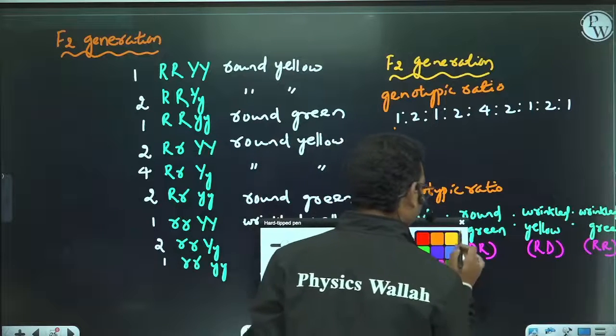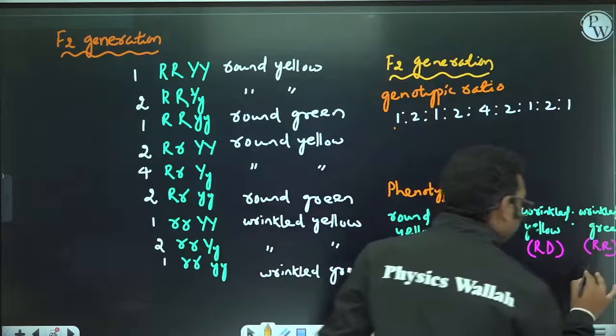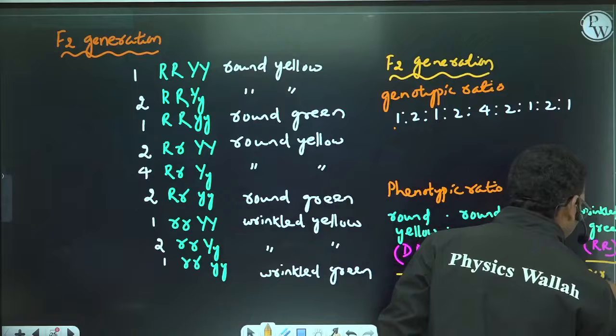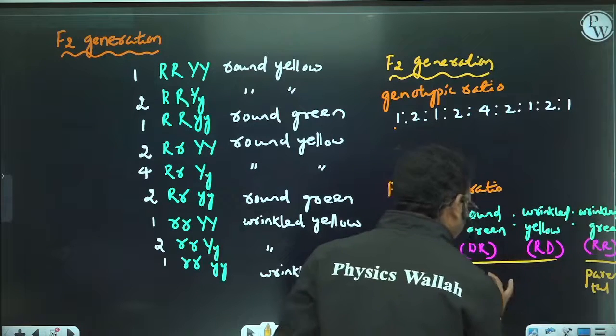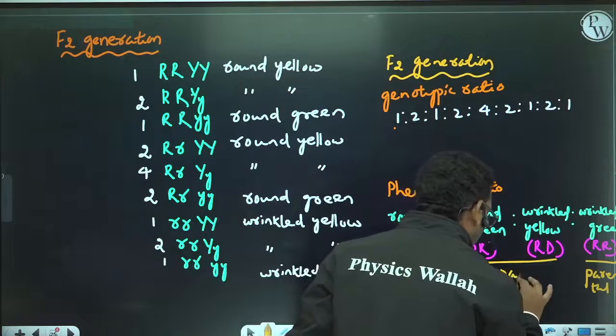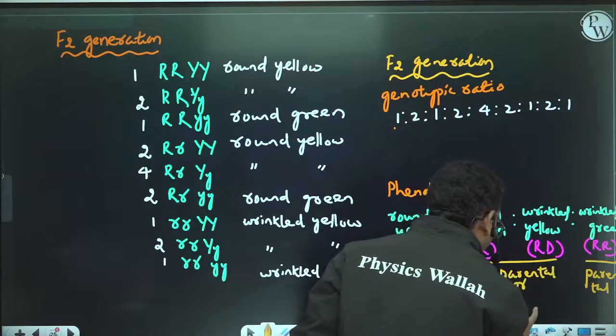So I will write here, this is parental phenotype, this one is parental phenotype, and these two are non-parental phenotype, or you can say recombinant phenotype.